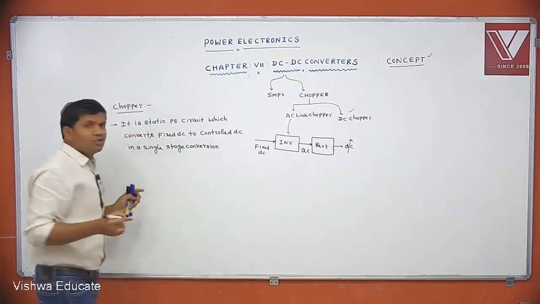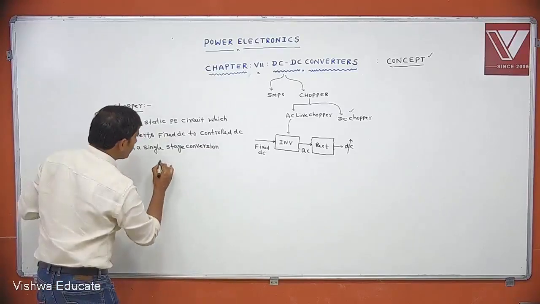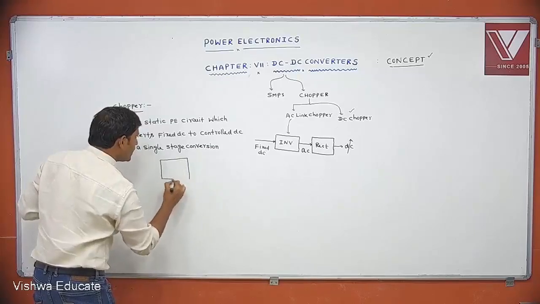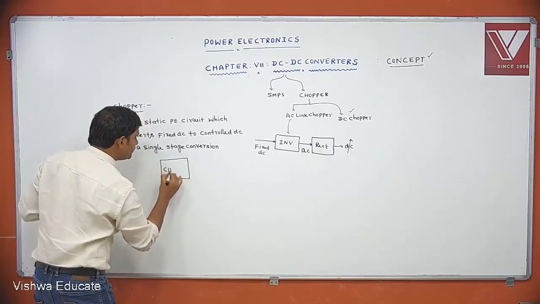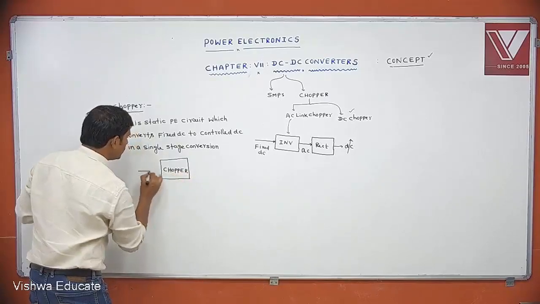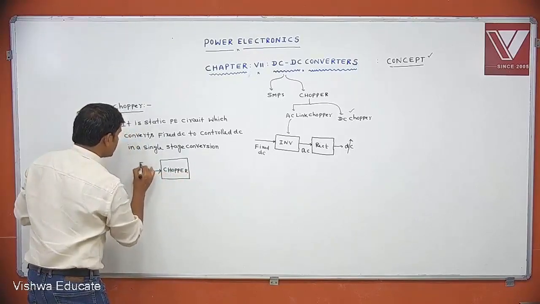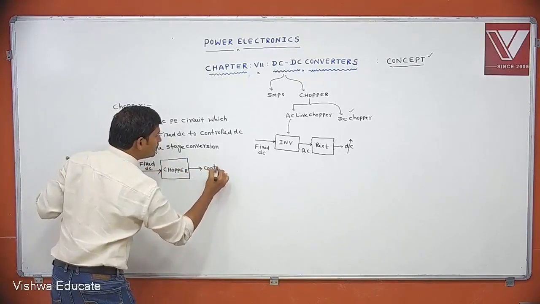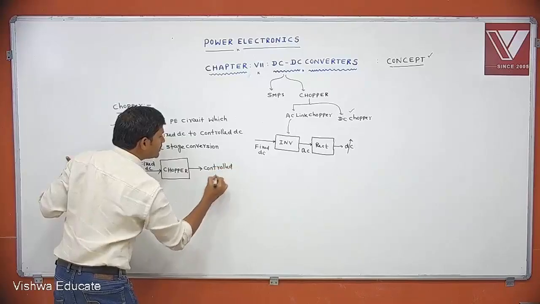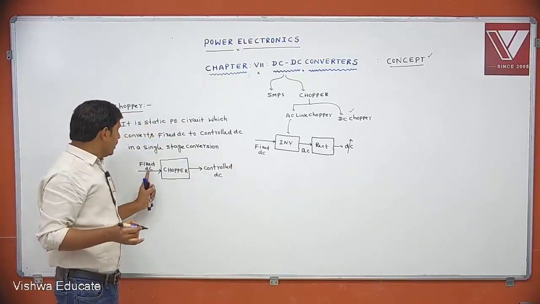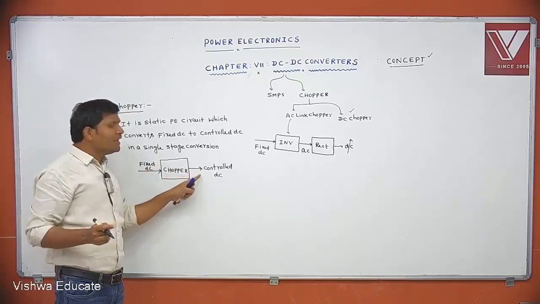That means a chopper is a static power electronic circuit which converts fixed DC to control DC in a single stage conversion. Here we are not converting DC to AC.